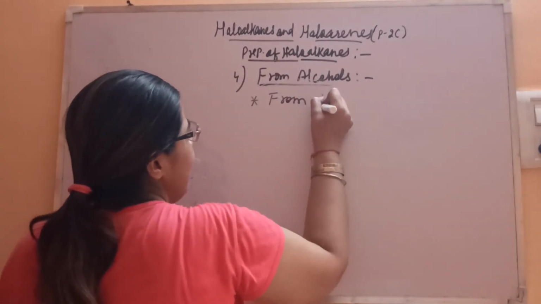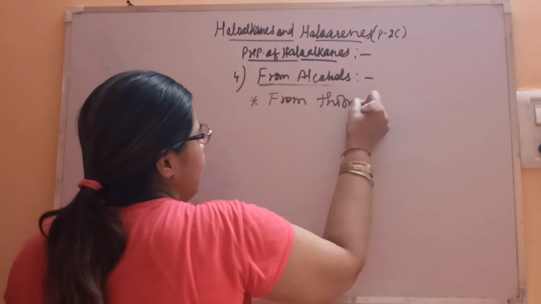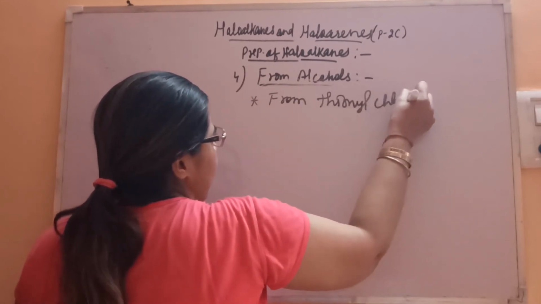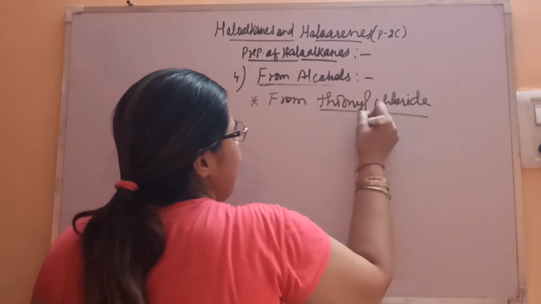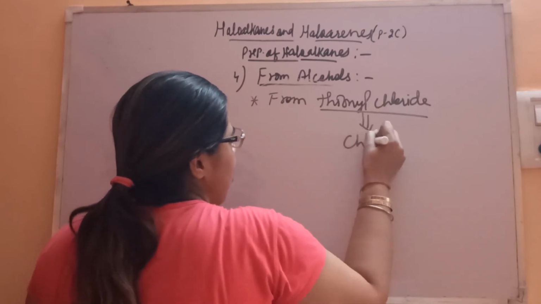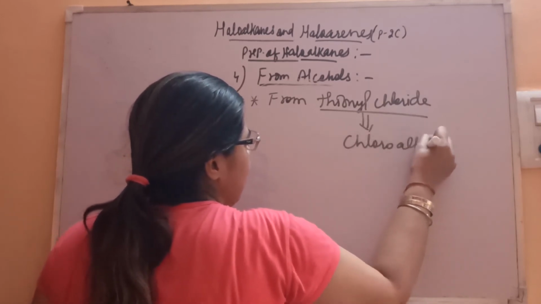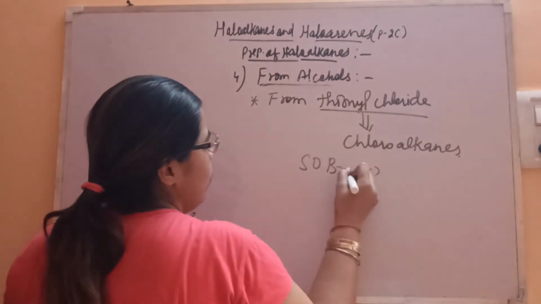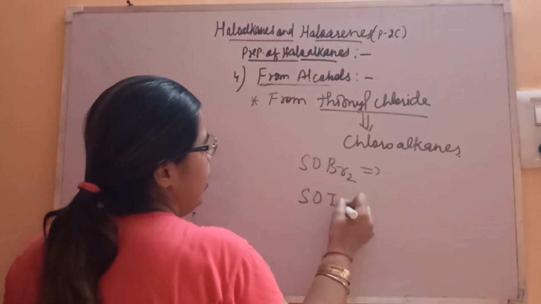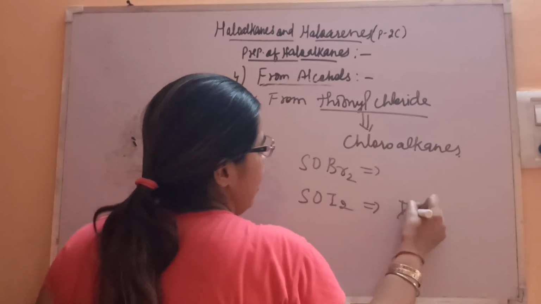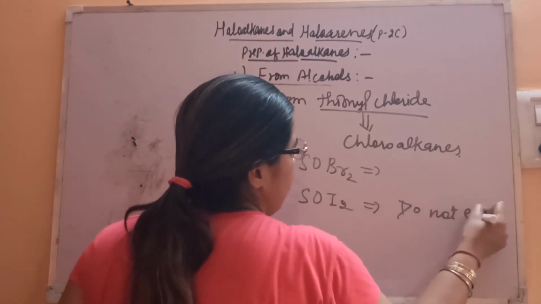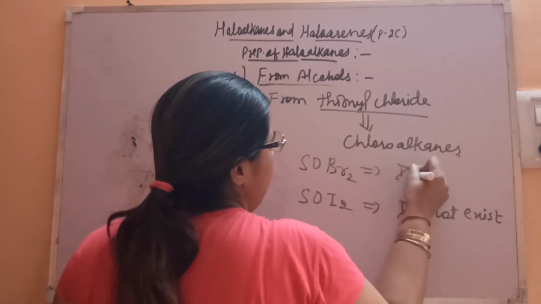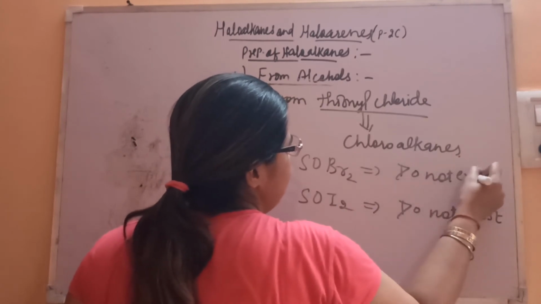Let's see why. From thionyl chloride. Here also we can only prepare chloroalkanes as such, because SOBr2 and SOI2 do not exist, or you can say are unstable.